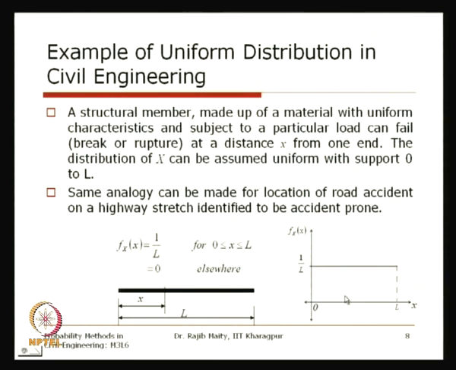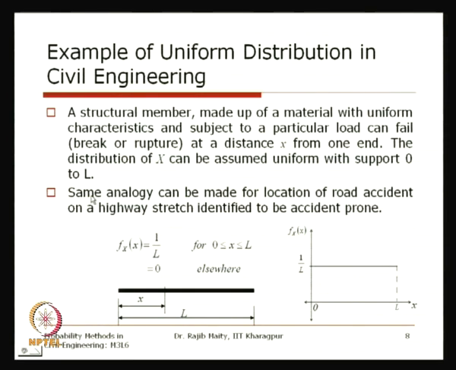If we draw its PDF, it looks like this: from 0 to L it is uniformly distributed, equal to 1 by L, considering the fact that the total area below this PDF should be equal to 1.